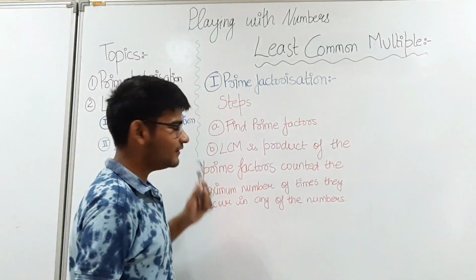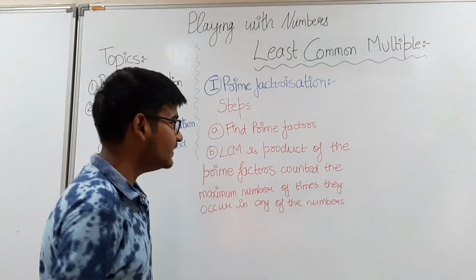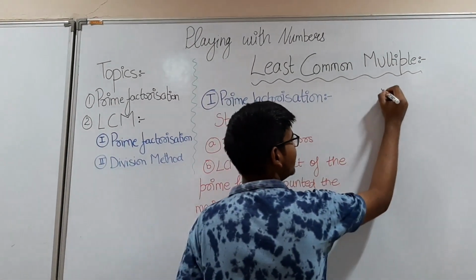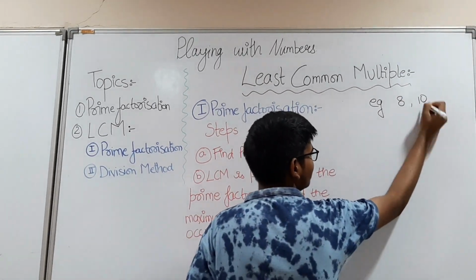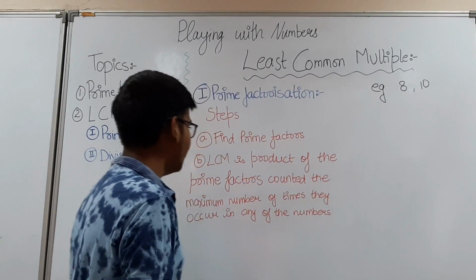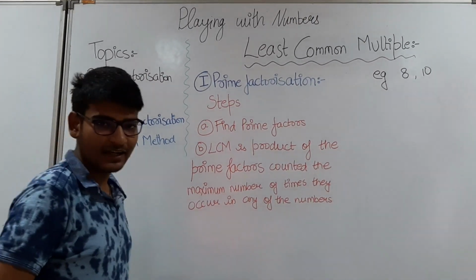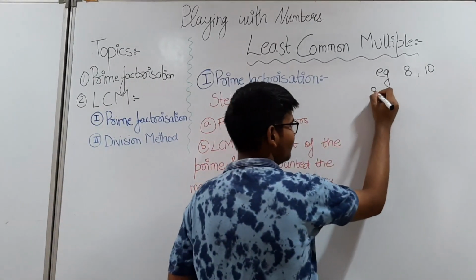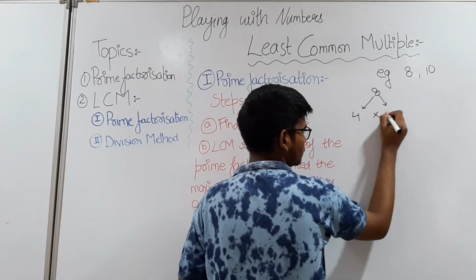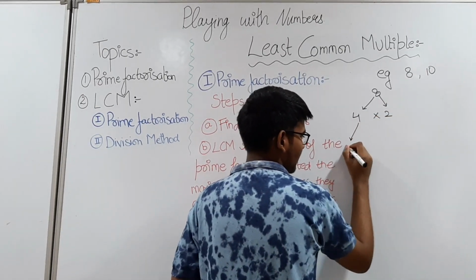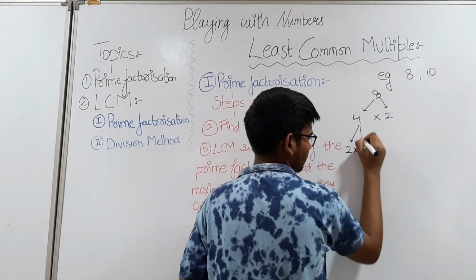Let us start our first way to find LCM, that is prime factorization. In this method we have two steps. Let us understand every step by taking an example, 8 and 10, as we have done earlier. Our first step is to find prime factors. So 8 is 4 into 2. Now 4 can be written as 2 into 2.